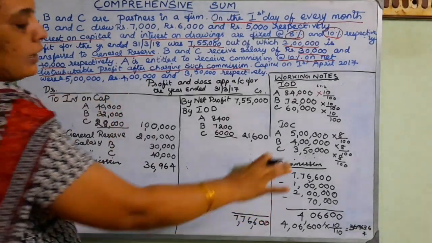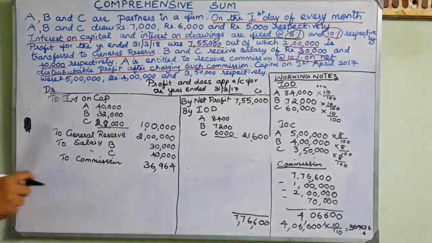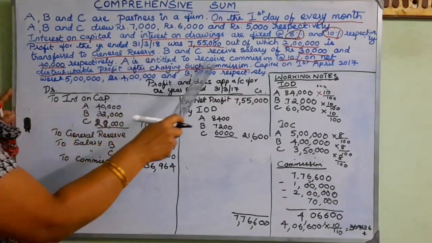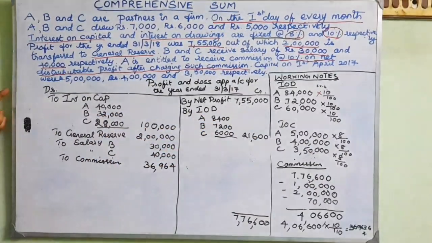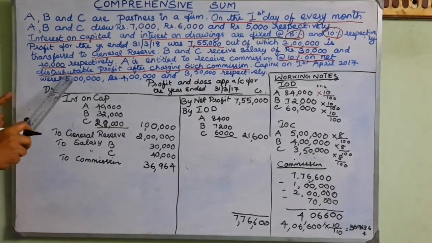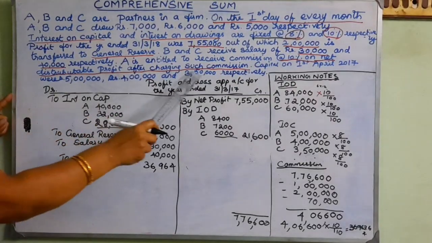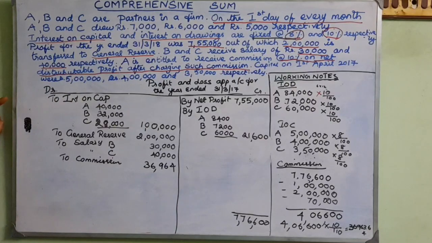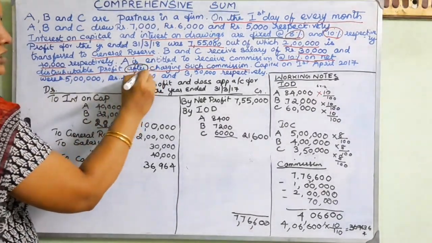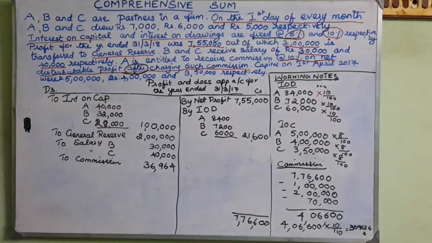Now to explain the commission, please read it carefully. A is entitled to receive a commission at 10% on net distributable profit after charging such commission. The words "after charging" are important in 11th standard also. Whenever the words after charging commission are given, we will not apply 10 by 100.